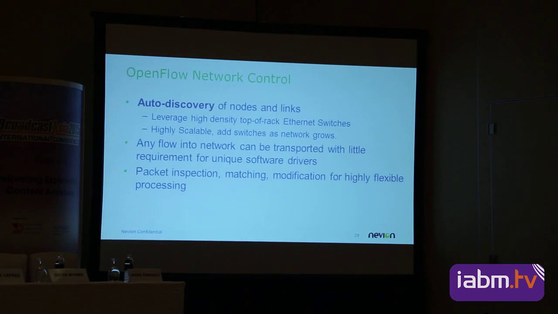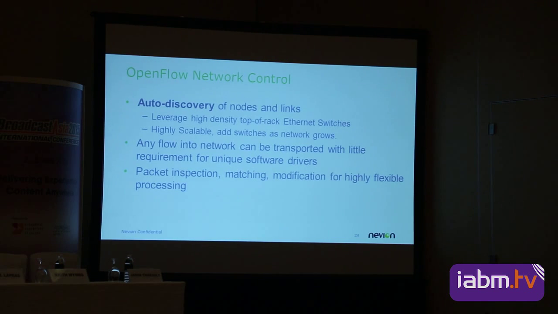One of the most important use cases of OpenFlow is actually auto-discovery of nodes and links, right? The issue with Ethernet switches, for example, is that once you put in a network, you don't really know how to configure them on the fly immediately for transmission or for use for transport of videos. But with OpenFlow, insertion of Ethernet switches or connection of new links can actually be automated.